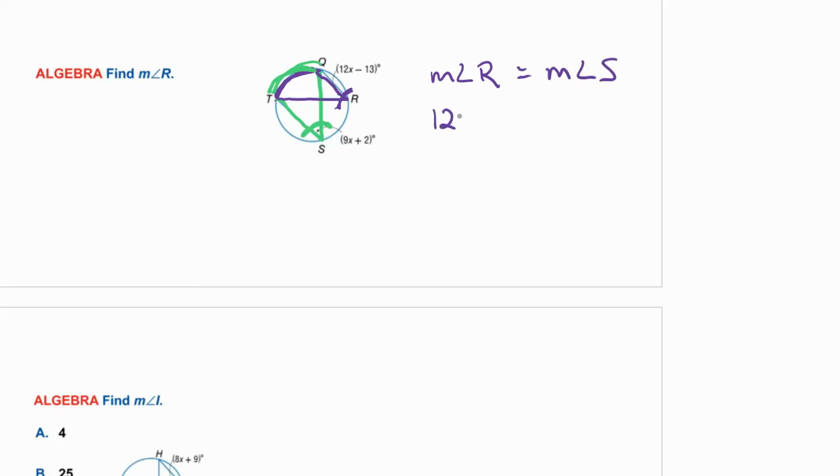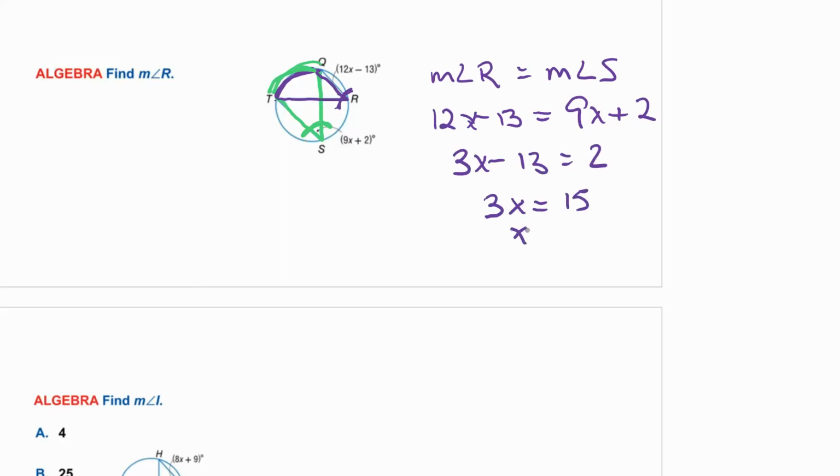R is 12x minus 13. Angle S is 9x plus 2. We're going to solve that for x, and I've got that x equals 5.